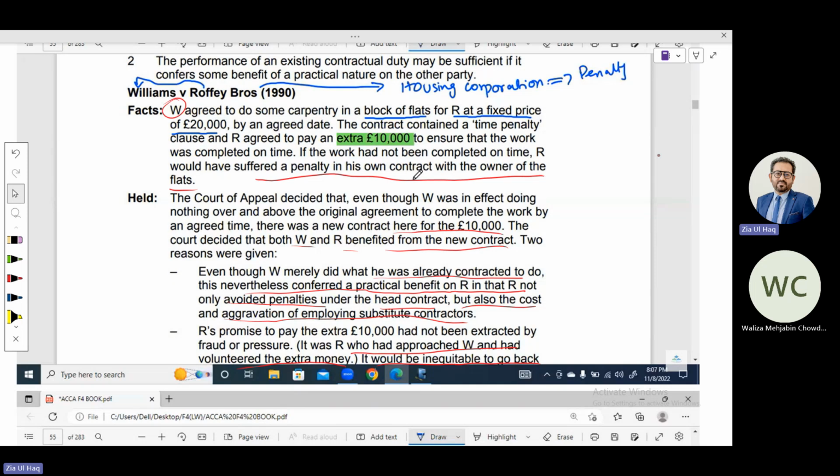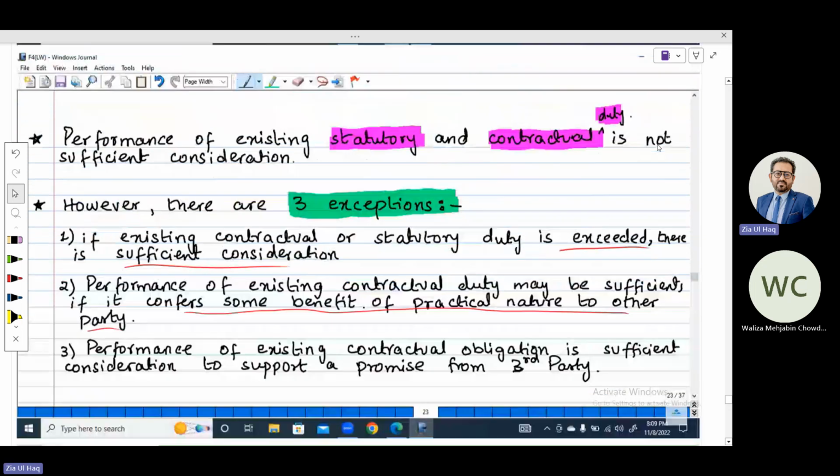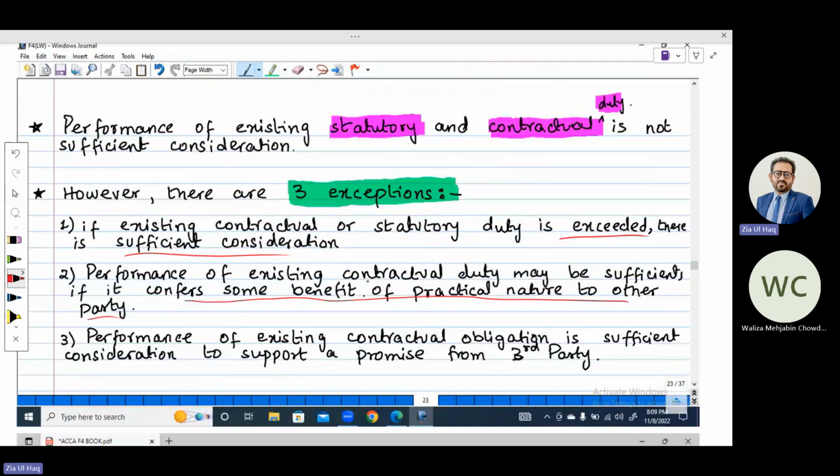Otherwise, he would be suffering a penalty from the customer. So this was the rule: performance of an existing contractual duty may be sufficient if it confers some benefit of a practical nature to the other party.